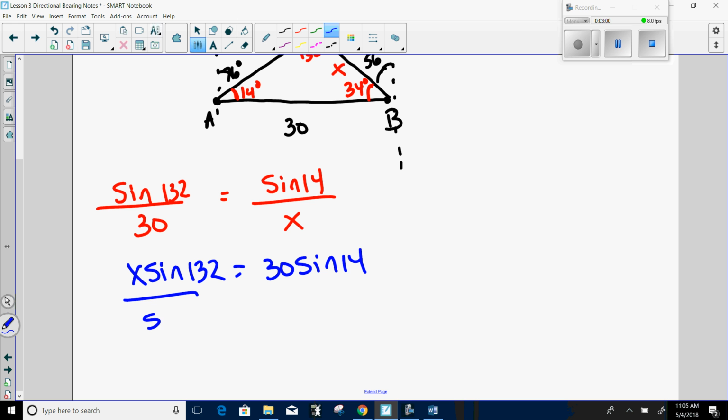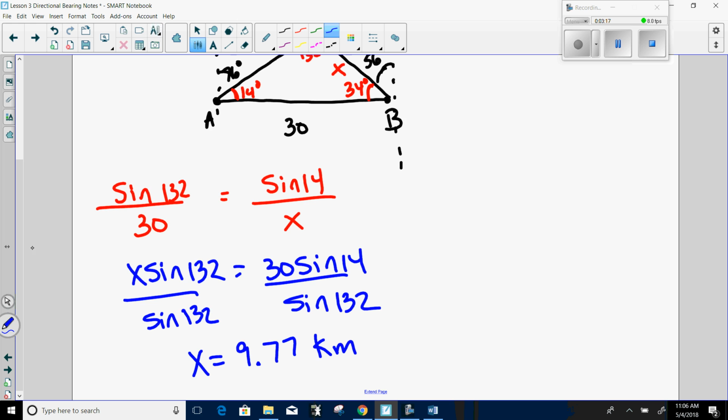Divide by sine of 132 on both sides. And then we type that into the calculator and see what we get. So I get x equals 9.766, so it'd be 9.77 kilometers.